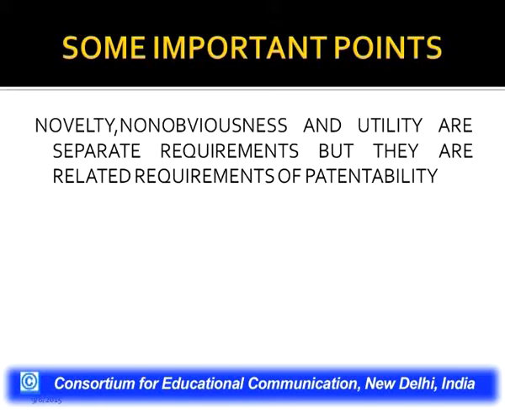Moreover, when we say that these are separate but related requirements of patentability, this fact can easily be understood by one simple point: in the case of novelty, it is only one prior art which has to be checked, but in the case of non-obviousness, multiple prior arts are to be referred and checked.